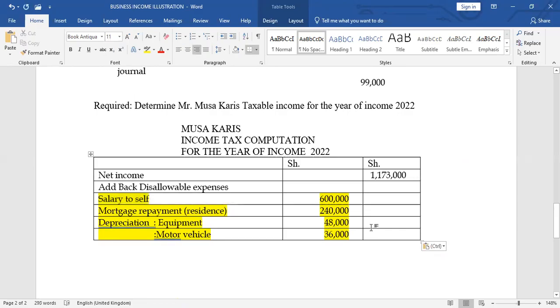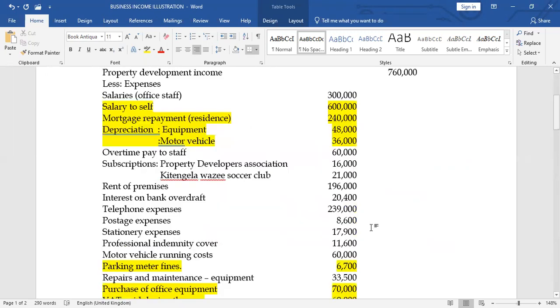Add back disallowable expenses. Those ones we agree that they are disallowable. Go back and do the same now. You can do it. We have already added back those ones. Let us see the next disallowable expense.